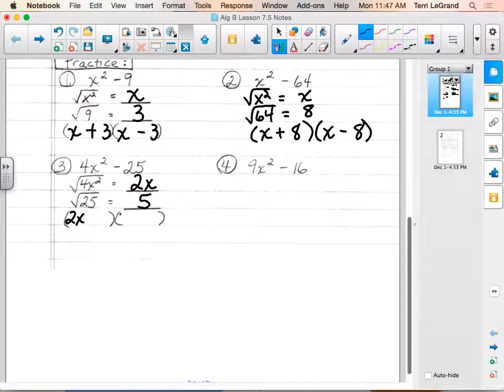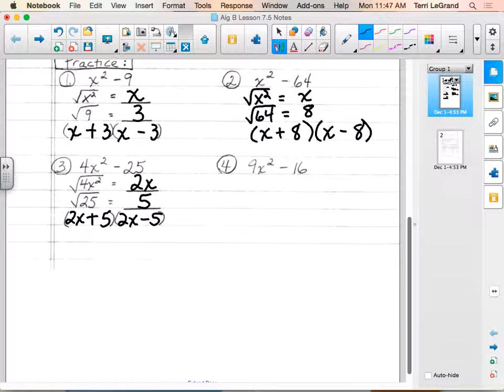Both of them start with 2x. Both of them end with 5. And one has addition, the other one has subtraction, also known as a negative to you guys. So 2x plus 5 times 2x minus 5 is the factor name for 4x squared minus 25.